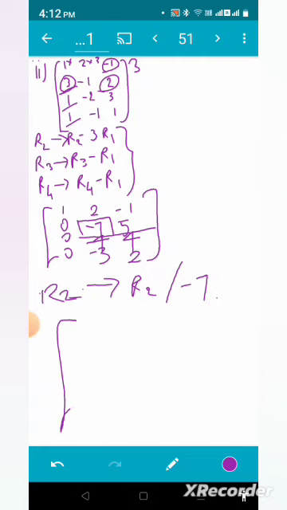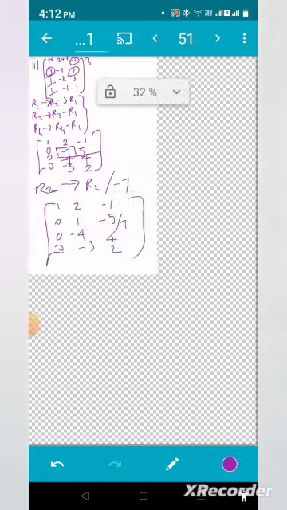So we can change 1, 2, minus 1, 0, minus of minus 7 divided by minus 7, that is plus 1. This is minus 5 by 7. Then the third row I put similarly 4, 4, 0, minus 3, 2. This is not changed.